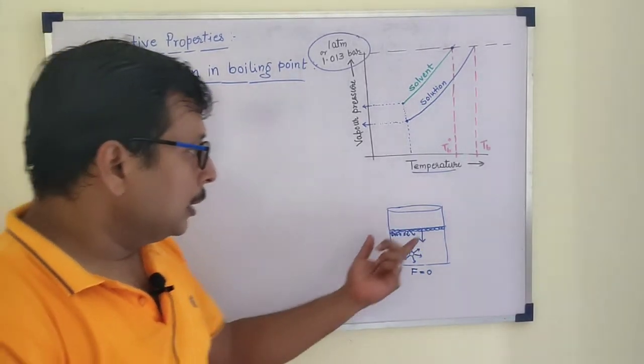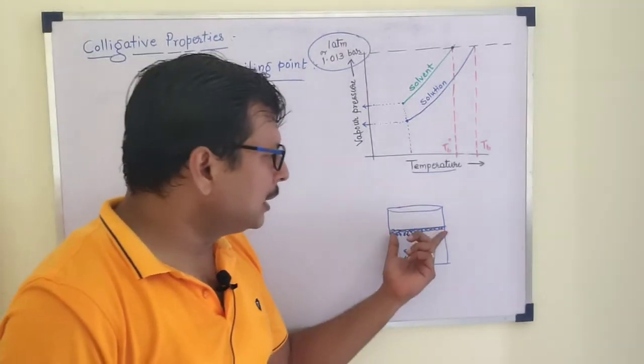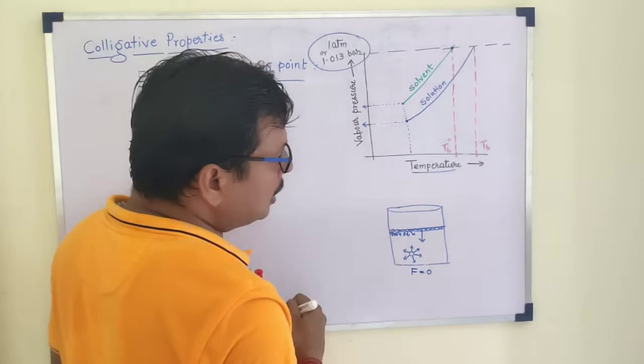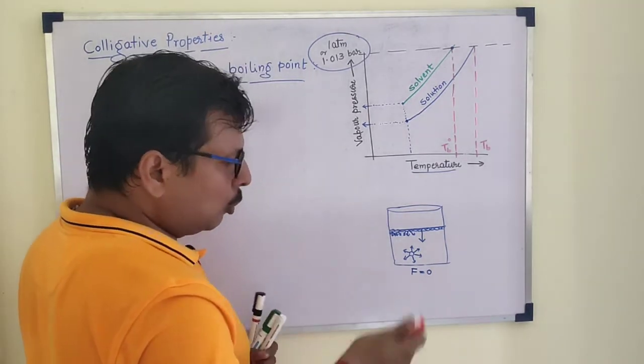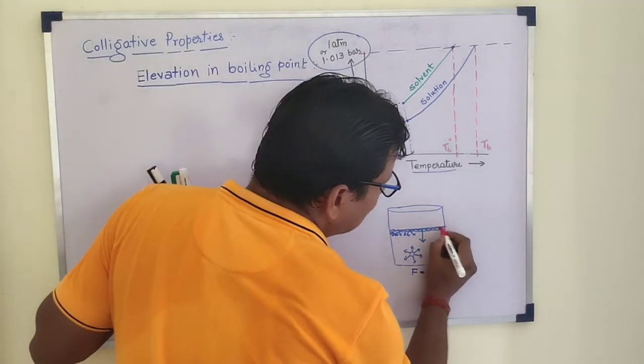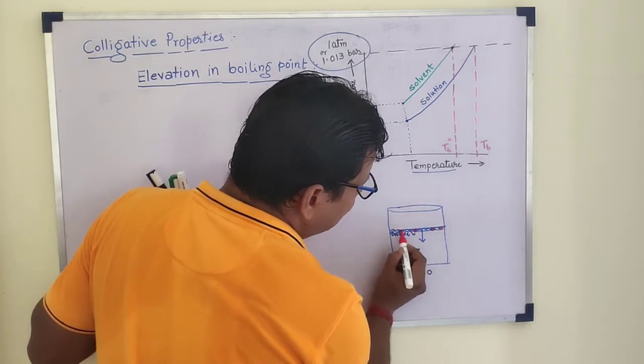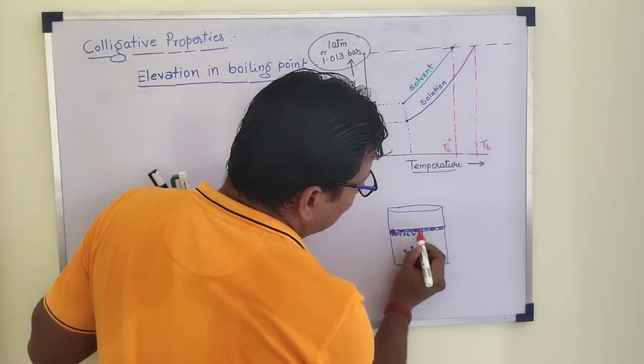Okay, a pure solvent has the greater surface area. If you add some amount of solute into it, then some amount of solute also occupies the surface area.